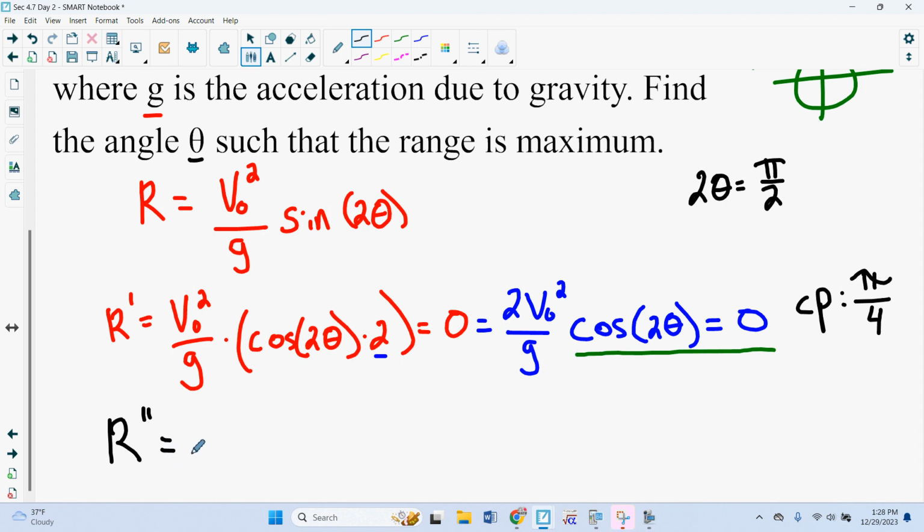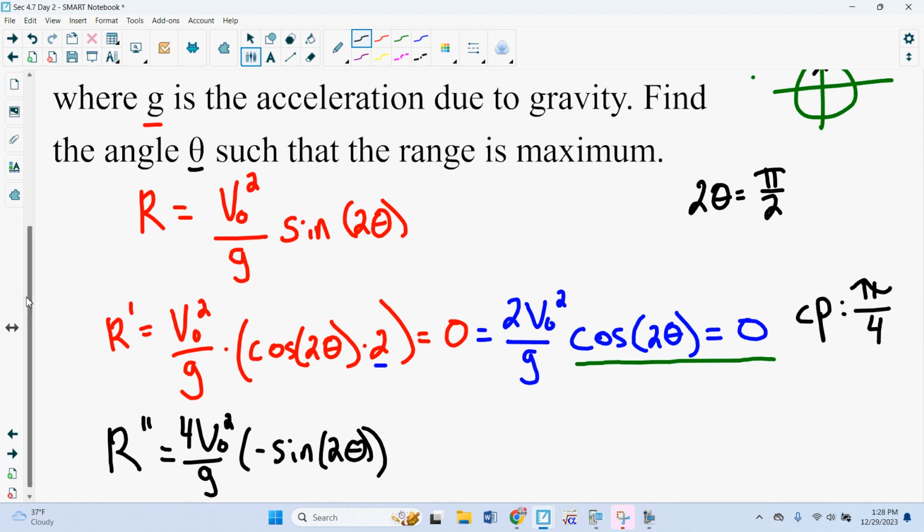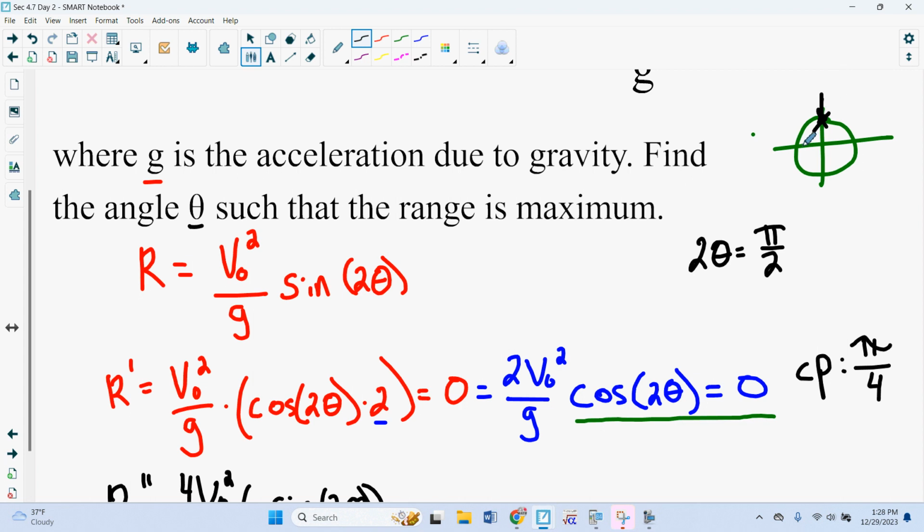So to do that, I'm going to use the second derivative test, which the derivative of cosine is negative sine times the derivative of the inside is a 2, so it kicks out a 2, so this constant in front just becomes 4 v sub 0 squared over g. And if I plug pi over 4 into there, that's sine of 90, which is 1.